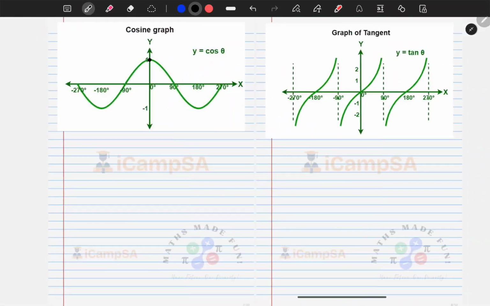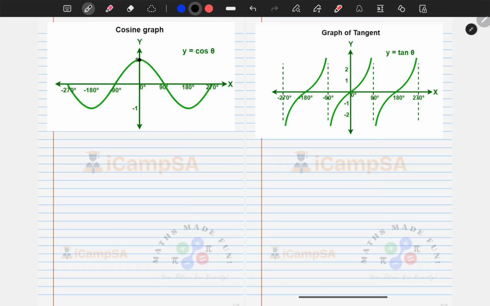In terms of y, it passes through here. It's 0 degrees and 1, right?